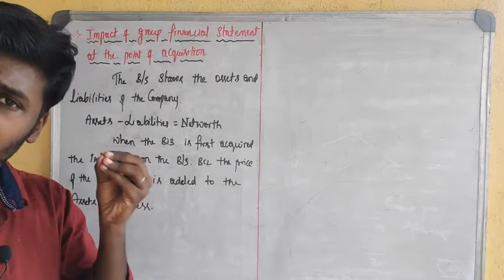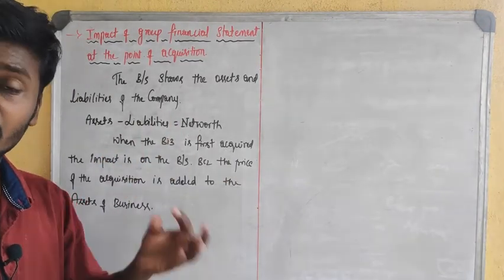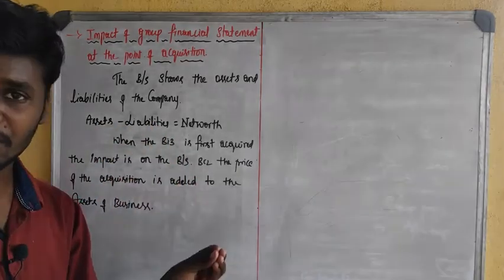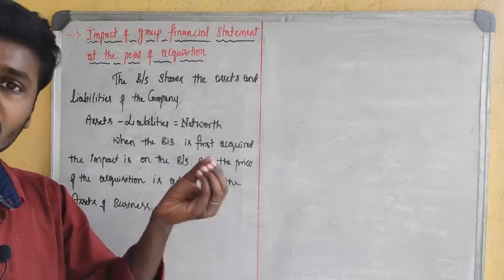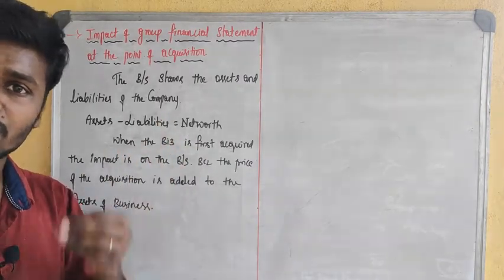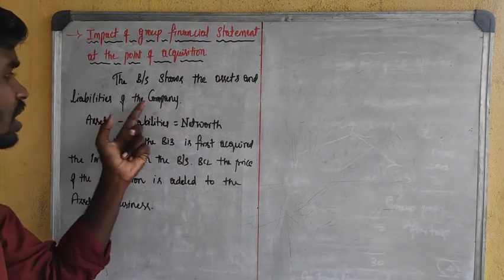So according to Schedule 4, we are going to prepare the balance sheet. That is under consolidated financial statement and consolidated balance sheet, we are going to show and represent the assets and liabilities of both the companies, that is holding company and subsidiary company. So you know that the balance sheet shows the assets and liabilities of the company.